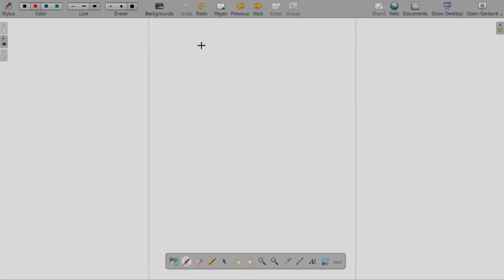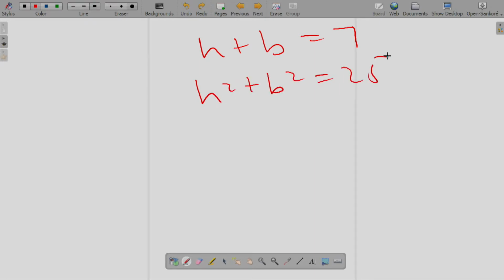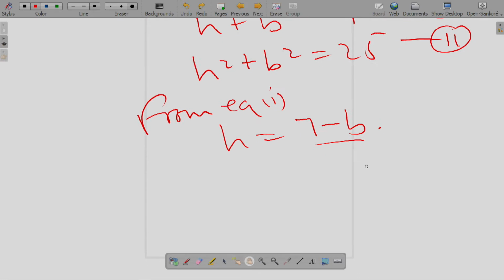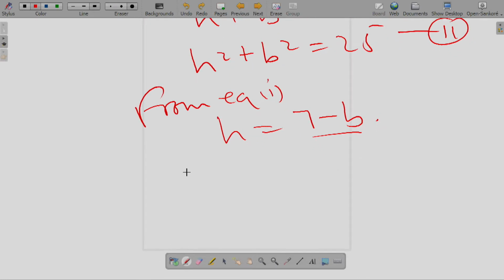So we get h plus b is equal to 7, and also h squared plus b squared is equal to 25. We have to find the values of h and b. From equation 1, let's make h the subject: h is equal to 7 minus b. Now let's substitute into the second equation.